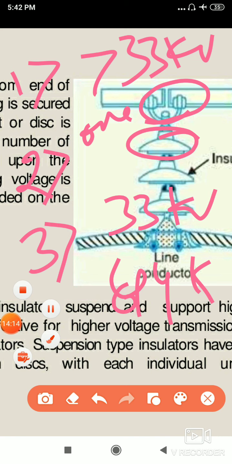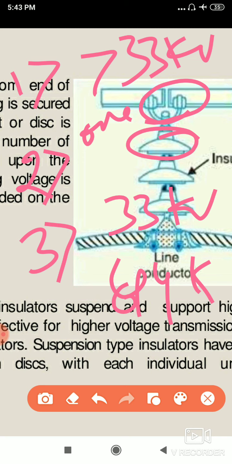So the first one: it is used for a transmission system greater than 33 kV. The second: if any one disc gets damaged, it doesn't affect the total insulator. The third: if the voltage on the conductor increases, you need not go for another type of insulator; you just add one more disc.